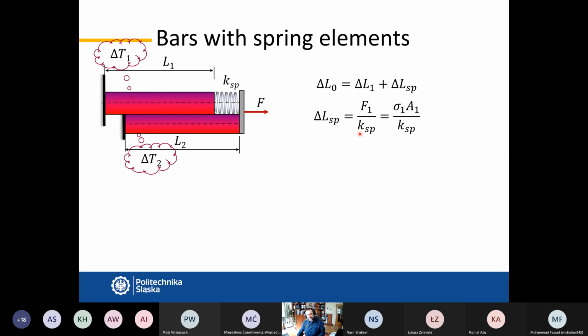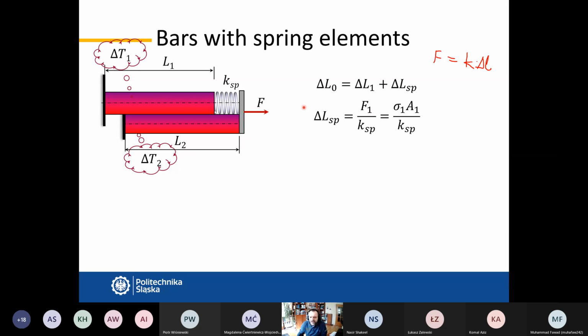On the other hand, we can say that the change in length of the spring is the result of the dependence that the force in the spring is equal to K times the elongation, delta L. So the elongation of the spring, or change in length of the spring, because it is not necessarily elongation, it can be shortening, is F1.